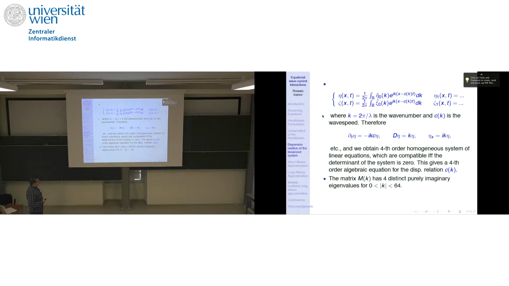Briefly, the result of this analysis is the following. K is non-dimensional, and for a very large range of wave numbers, between 0 and 64, M has four distinct, purely imaginary eigenvalues.